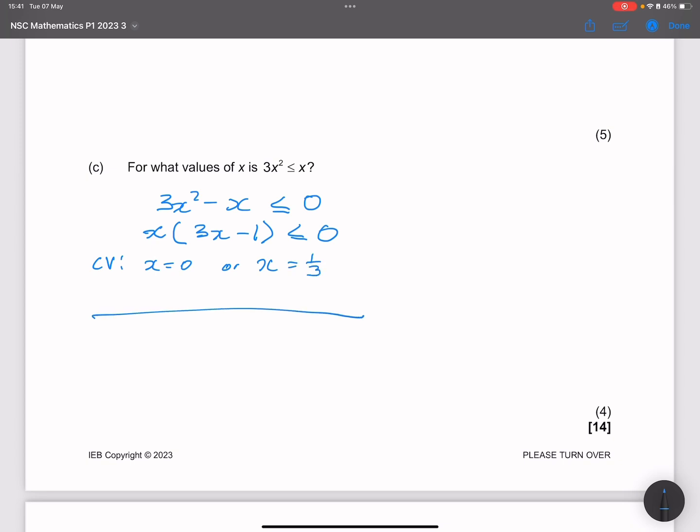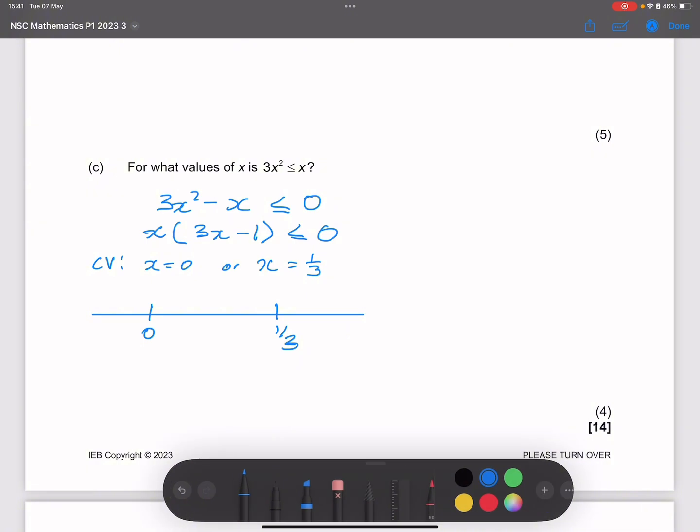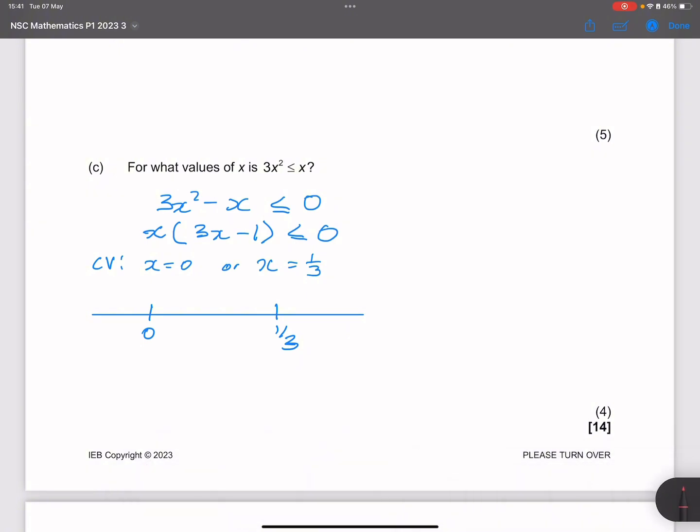So if we draw a number line, remember you write it in ascending order, right? So that would be 1 over 3 over there. Now note, where is this less than 0? In this case, at the critical values, we'd have plus, negative, and plus.